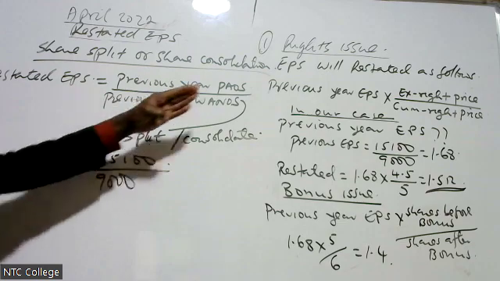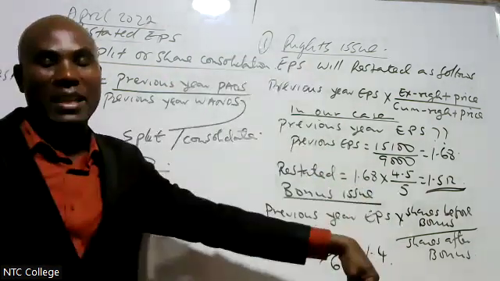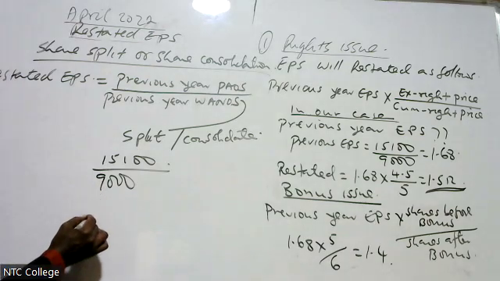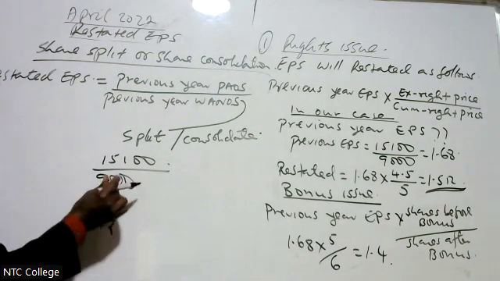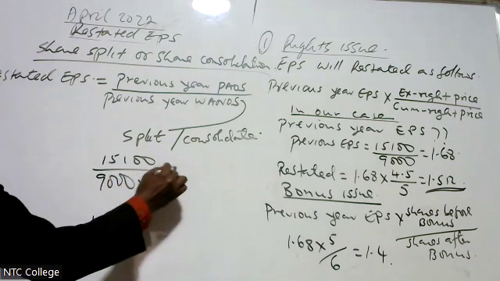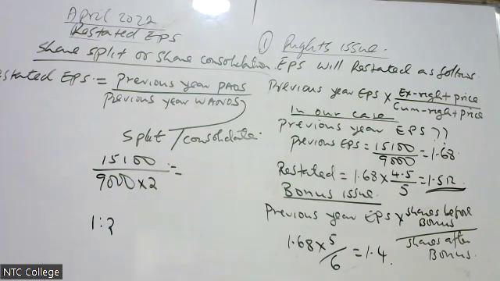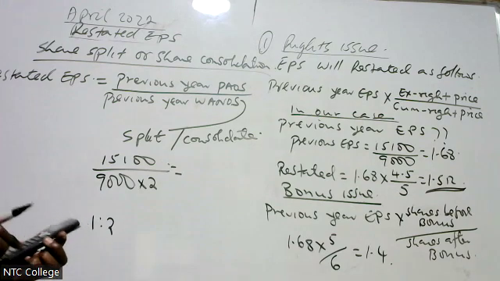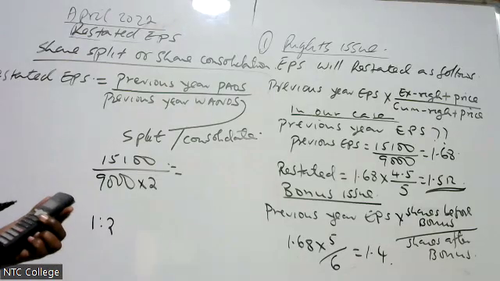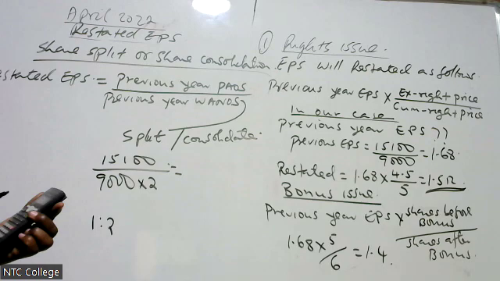But if I have the share split in the current year, I split these shares. For every one, you get 2, which means I multiply by 2 if it is share split. I split the shares, I multiply by 2, which will be 15,100 divided by 18,000.